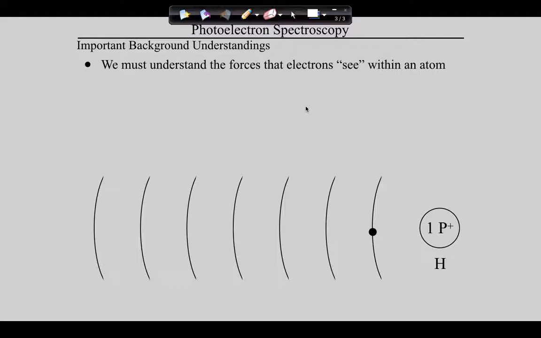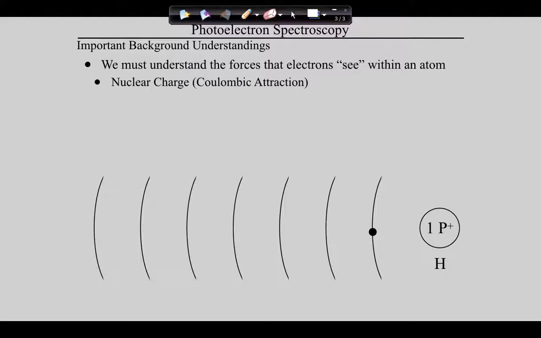We see an attractive force from that one proton. Does that electron see any repulsive forces? It does not. It only sees an attractive force, and that attractive force is a product of the nucleus pulling on it, positives and negatives. Does that make sense?